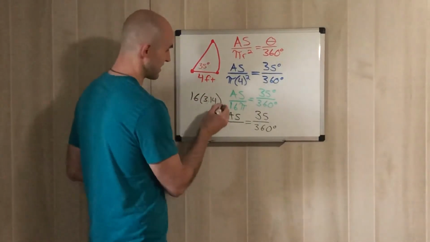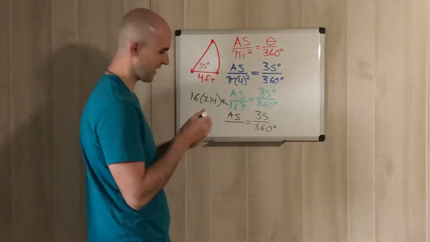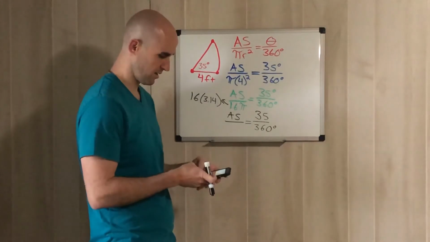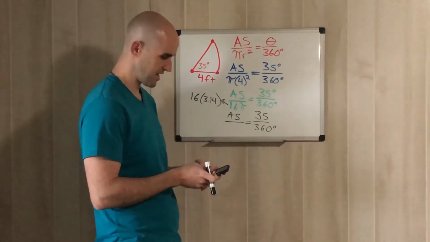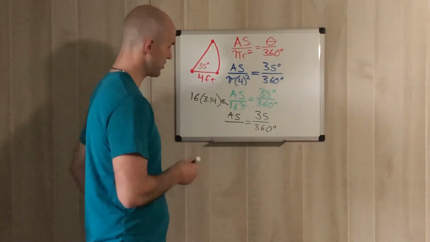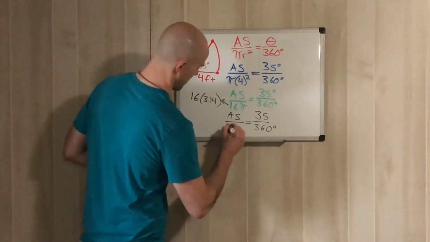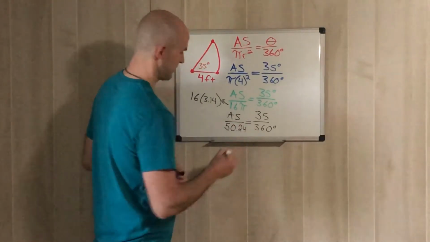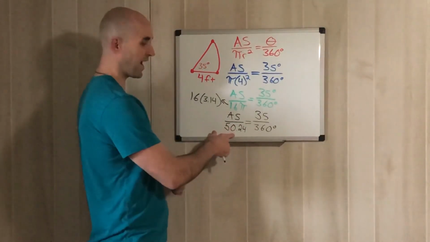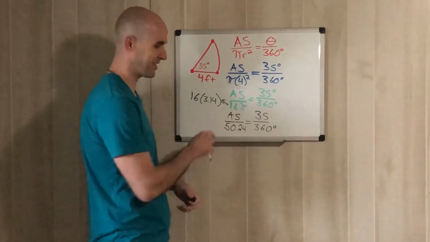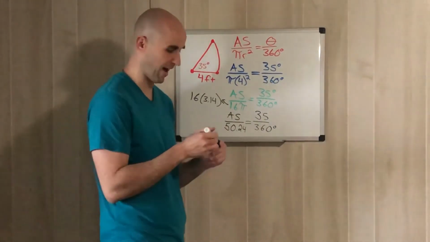It's always the exact same thing. So 16 times 3.14 is going to give us 50.24. And literally all we got that from was doing 16 times 3.14, which is always the estimate for pi.